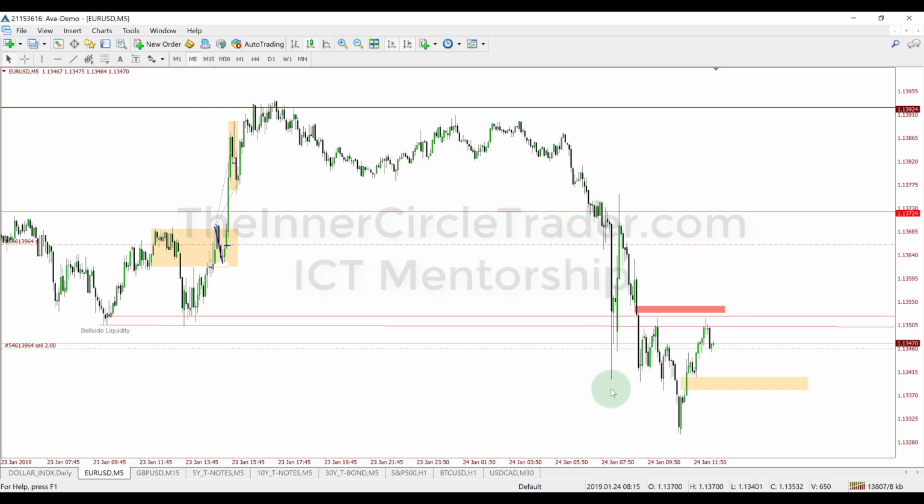Price stabbed through it here, ran them, came all the way back up, took the stops here, closed in this sell side imbalance, buy side inefficiency, filled it perfectly, then rejected, and then made its reasonable run of 30 pips below the equal lows. Still have time of day, still have plenty of time in the daily range.